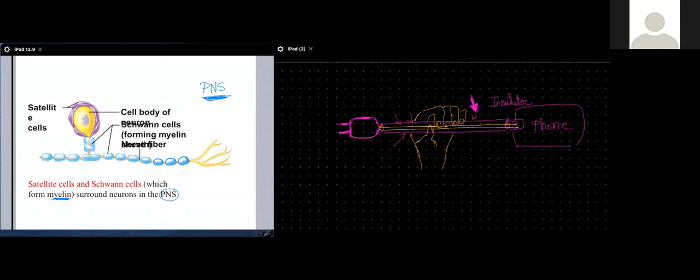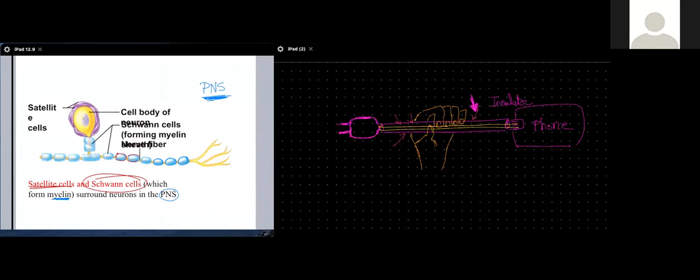Those are my Schwann cells, right? Satellite cells to a lesser extent. Schwann cells are the ones here building up the myelin sheath.